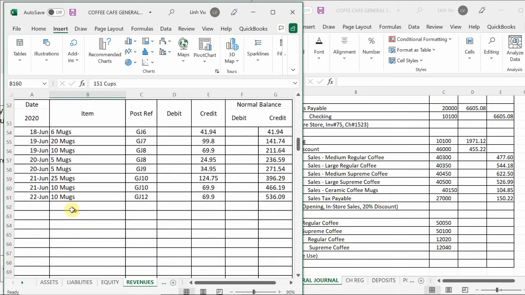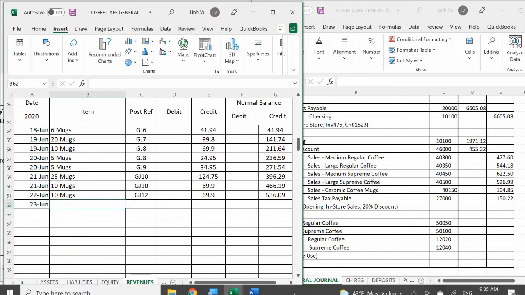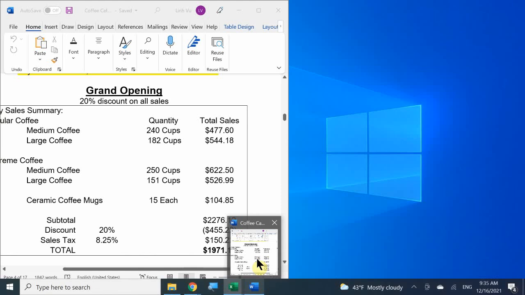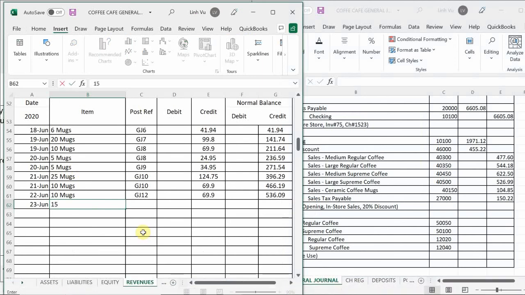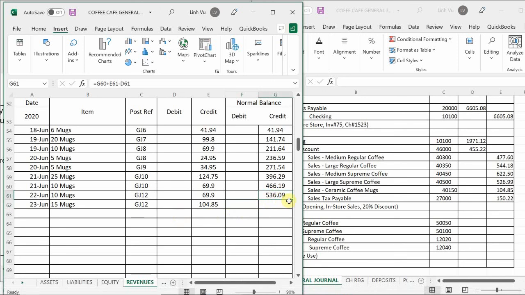How many did we sell? 15, at 104.85. The grand total of 640.94.